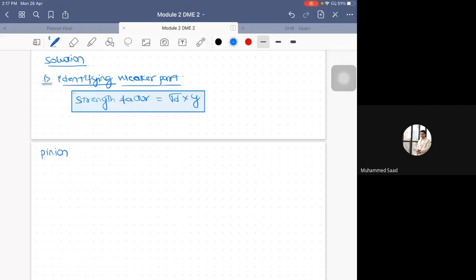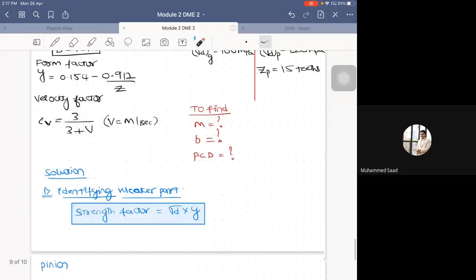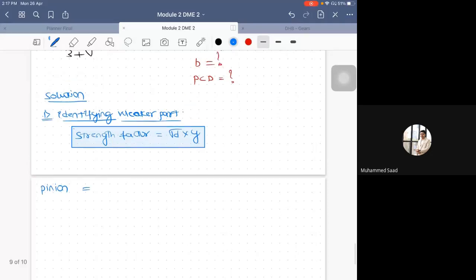For the pinion, do I have the design stress for both? Yes, I have the design stress for the gear as well as for the pinion, it's already available. Now I have to have the form factors. For the pinion, the design stress is how much? It is 120.